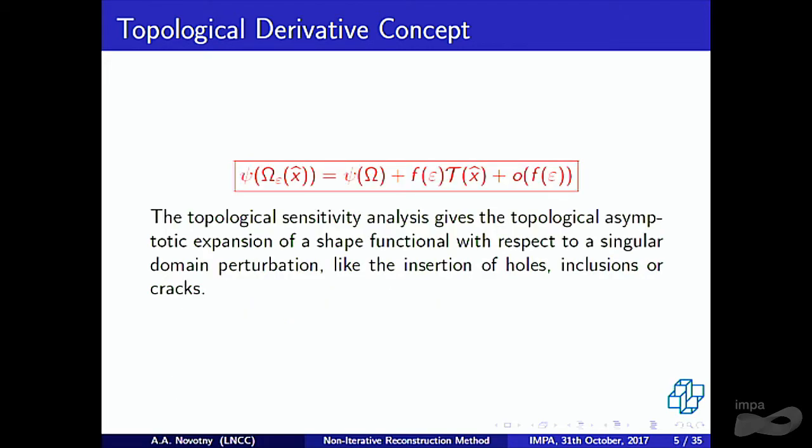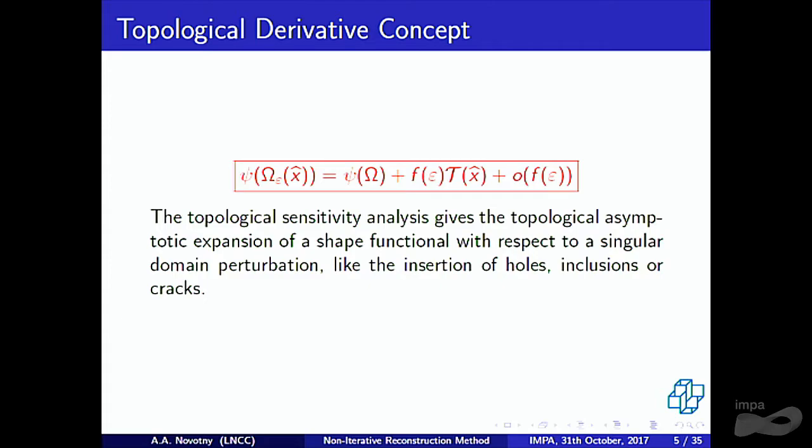However, once we know this quantity, tau of x hat, we can use it as a steepest descent direction in any optimization algorithm. In particular, let's suppose we want to minimize this shape functional, and suppose that f epsilon is a positive quantity.